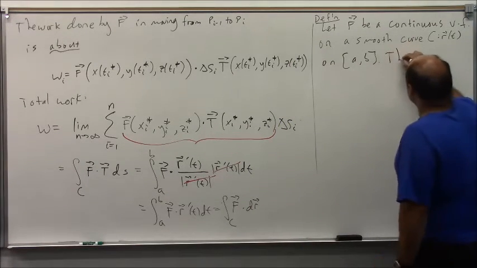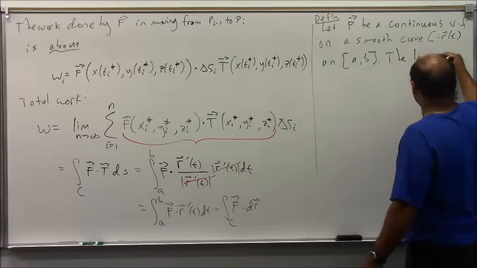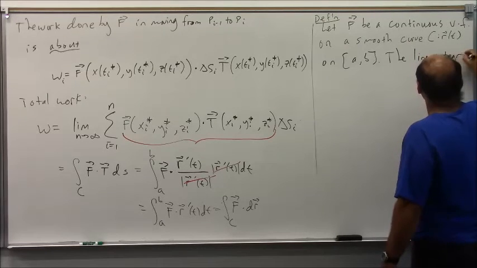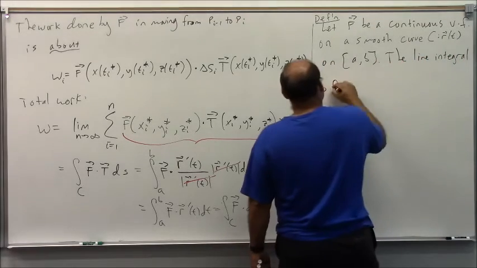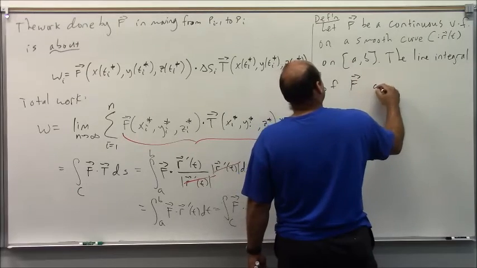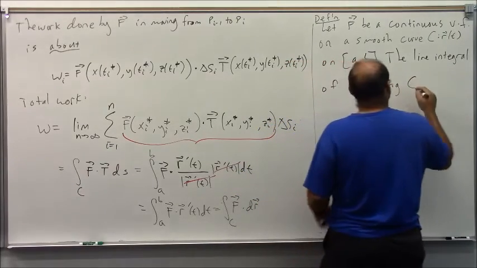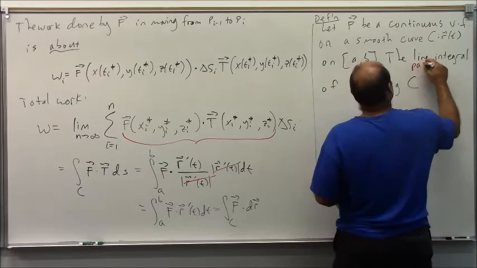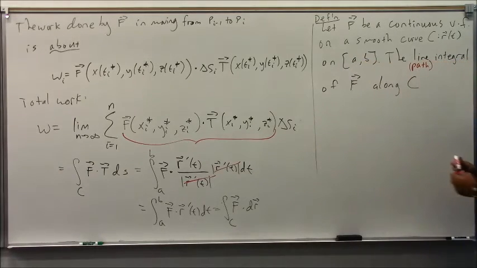Then the line integral, or path integral, line integral of f along C, I want to write path underneath here because it can be either one of those. I'll use the terms interchangeably.